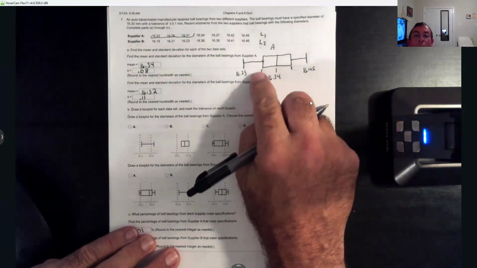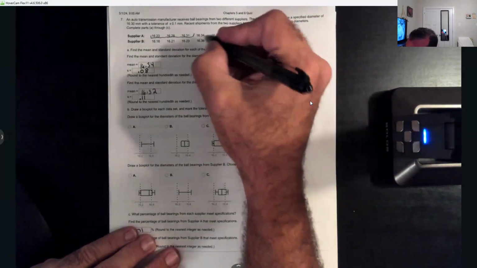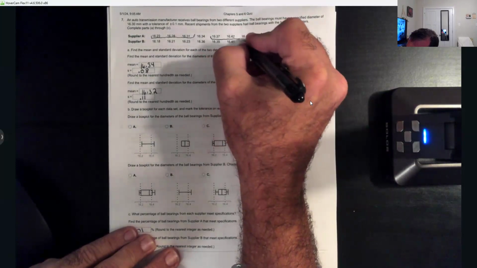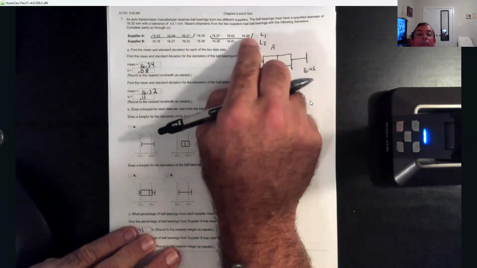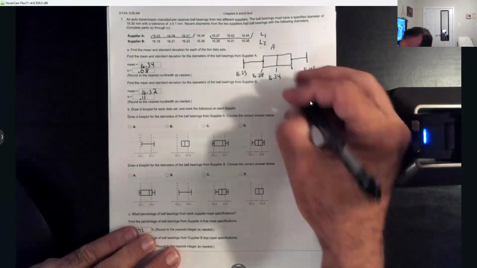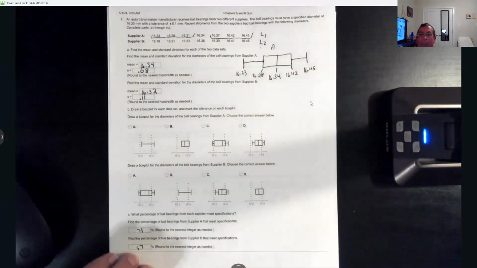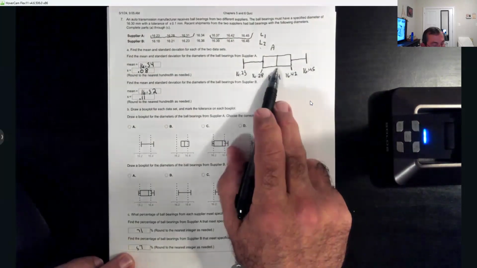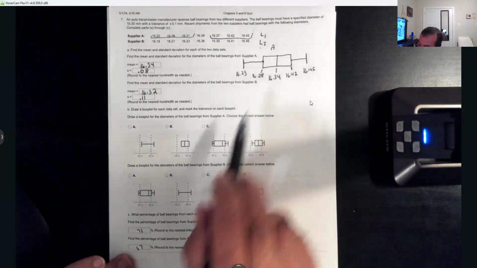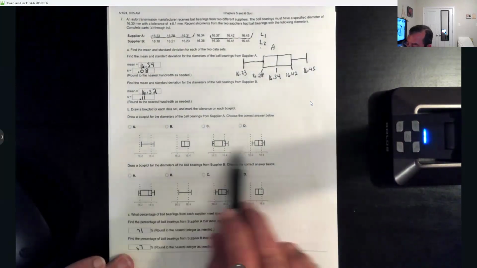So that's going to be our lower quartile. And then to get the upper quartile, we look at the median of the top three numbers, which is 16.42.